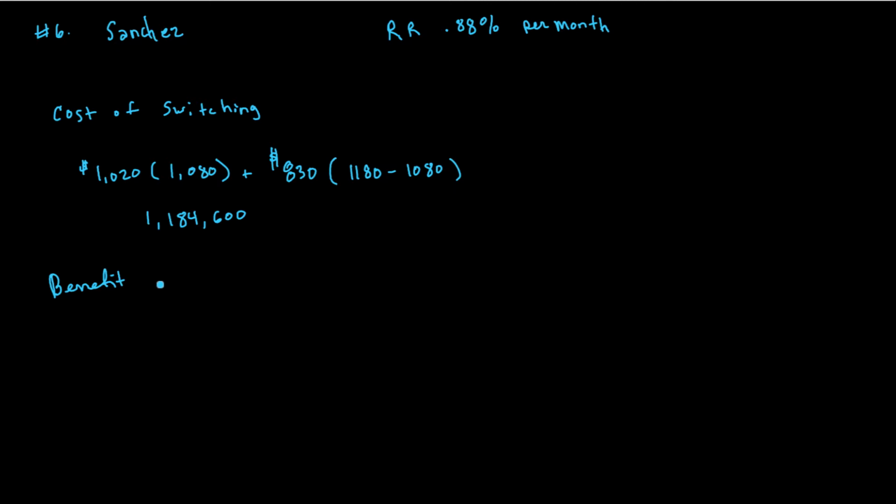Incidentally, the sales price didn't change, so we're still going to use 1,020, and we subtract out our variable cost of 830, and then multiply that by the incremental increase in our units, which is 1180 minus 1080, and we end up with $19,000.